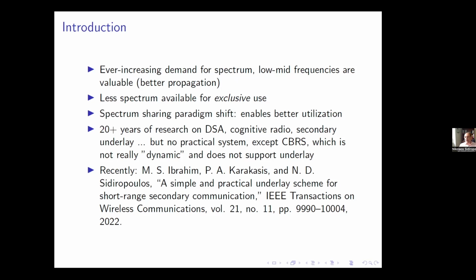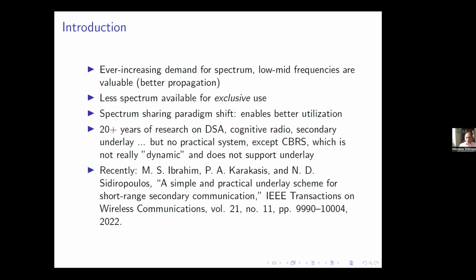But no practical system except CBRS has ever adopted these techniques. And CBRS, which is a spectrum reuse, let's say, band, right, is not really dynamic and it does not support underlay. So this has been the state of affairs in this area until a couple of years ago.